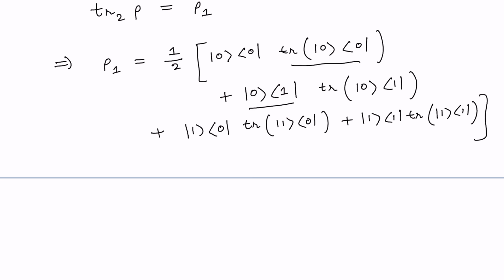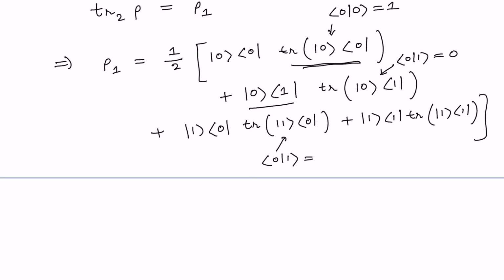Now you know this trace operation is simply going to give me the scalar product 0 0, which is equal to 1. This is going to give me the scalar product 0 1, which is 0 because ket 0 and ket 1 are orthogonal to each other. Similarly here, this is going to give me 0 1.